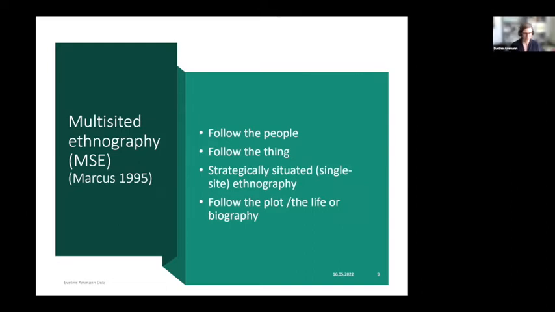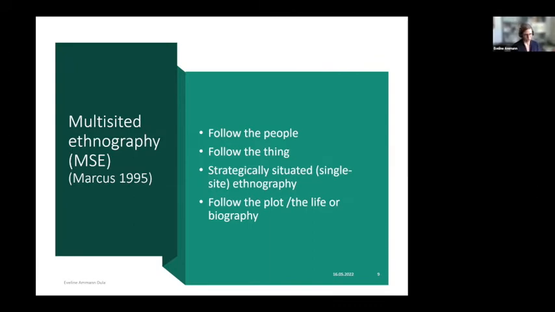So I was thinking for the next research, why not make interviews or participant observation at the airports or in airplanes, where people are traveling. At the airports, it would also be interesting to interview those who cannot move. In migration, it's always also the question of who can move and who cannot, and what is happening between them. And also, of course, follow the plot or the life.